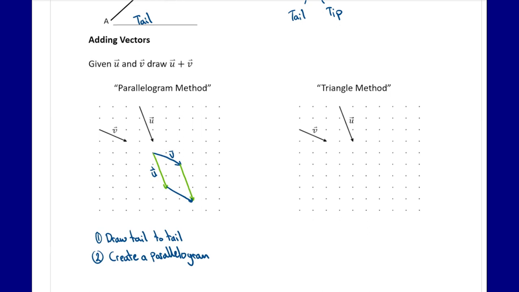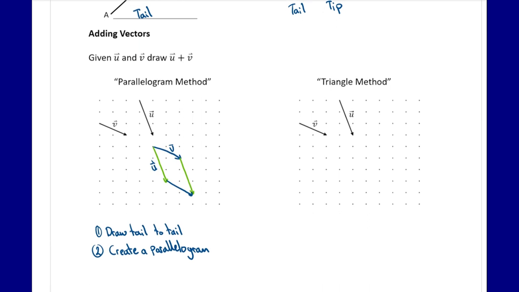Now the resultant, I don't have the resultant yet, but the resultant, or the sum of my two vectors, is basically going to be the diagonal. From one end to the other, that's our resultant.